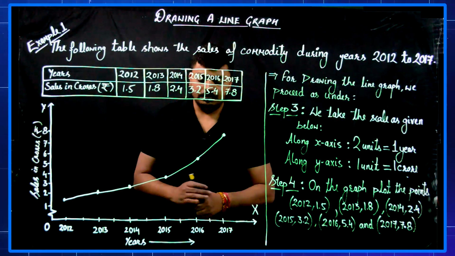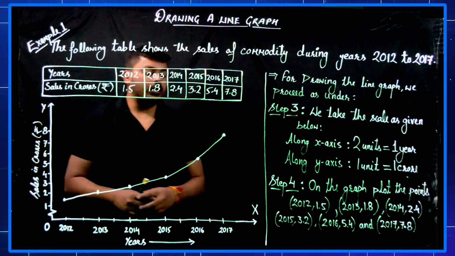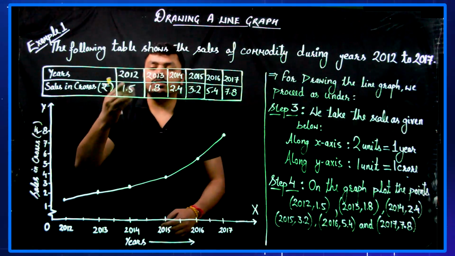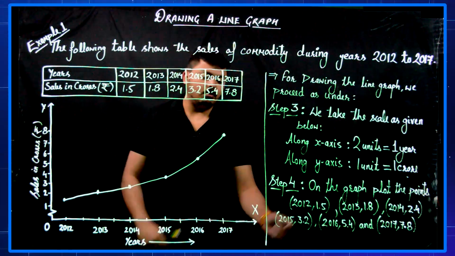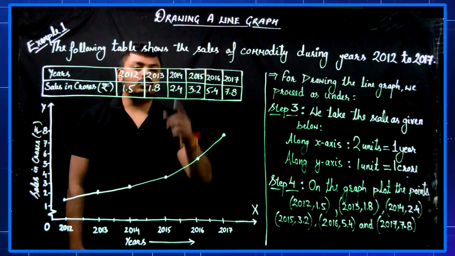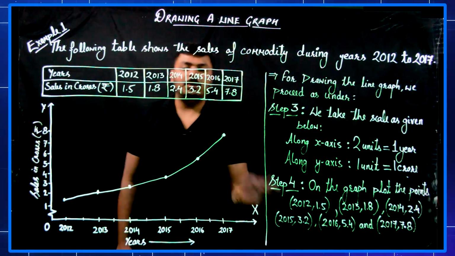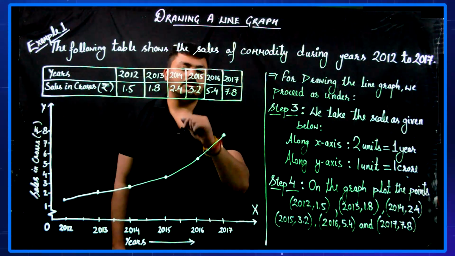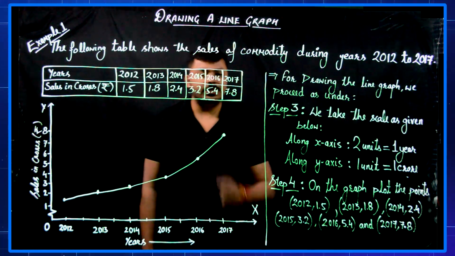In step 4, on the graph paper we plot the points. The points to be plotted are 2012, 1.5; 2013, 1.8; 2014, 2.4; 2015, 3.2; 2016, 5.4; and 2017, 7.8.